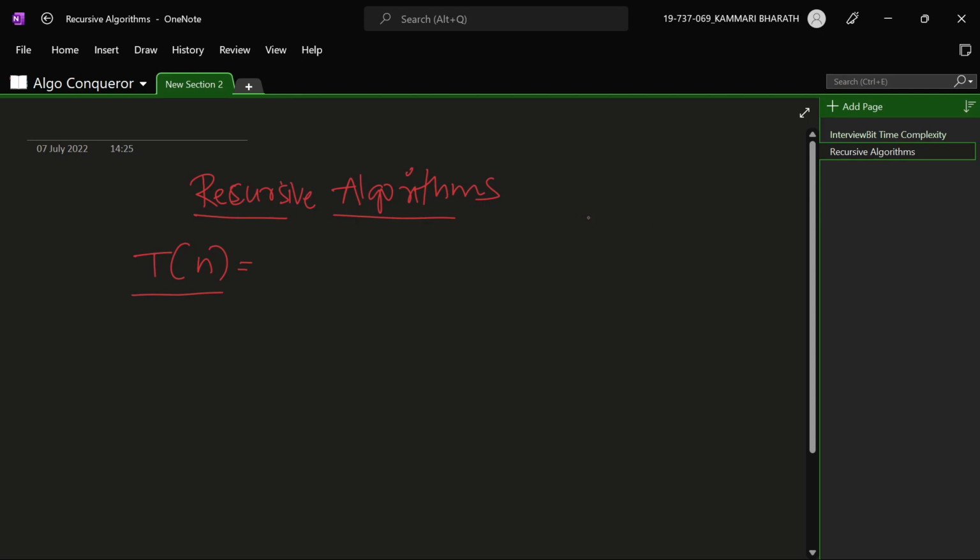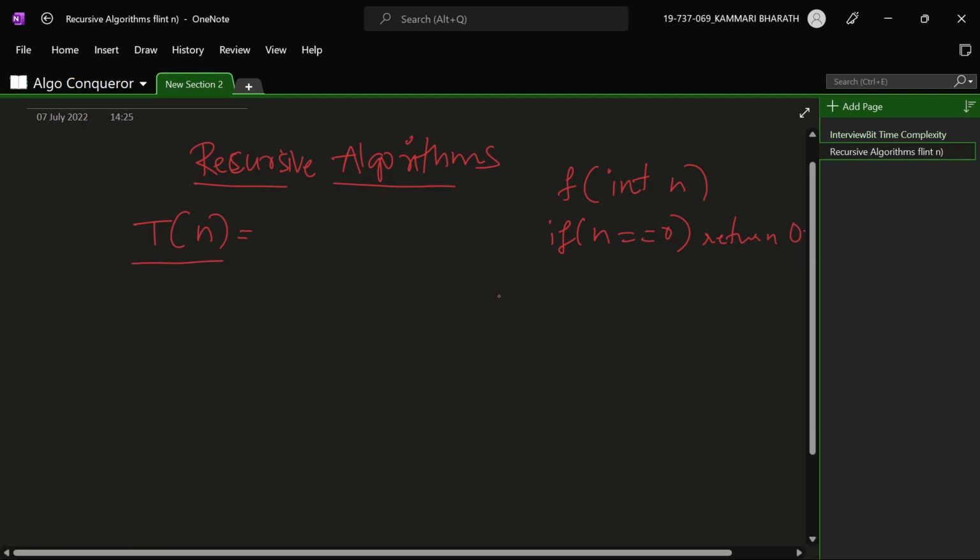For example, let's take the Fibonacci function, where the input is n. If n is equal to 0, you will return 0. If n is equal to 1, return 1. Now base cases are done. You will return f of n minus 1 plus f of n minus 2.